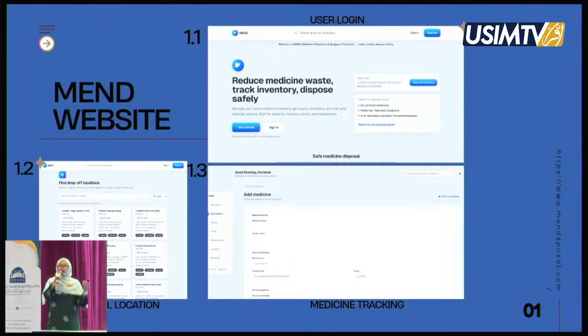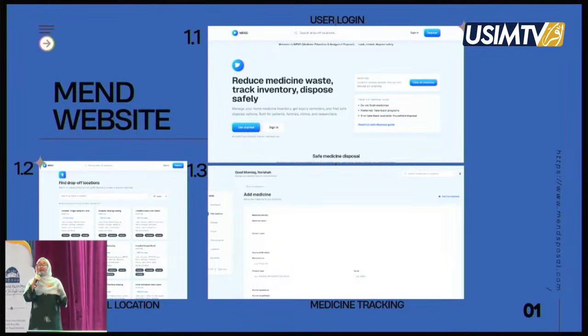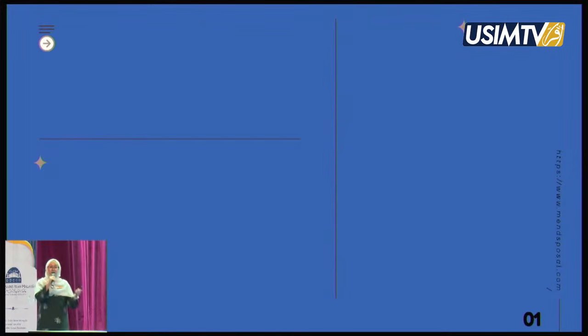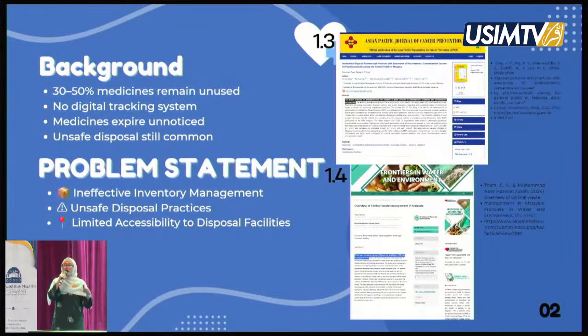But why do we need a platform like MAN? Well, let's take a look at the problem. The problem is a lot bigger than we might think. Around 30 to 50% of medicine remains unused and many of it eventually expires in our home. We have identified three main issues relating to this problem. First is ineffective inventory management.